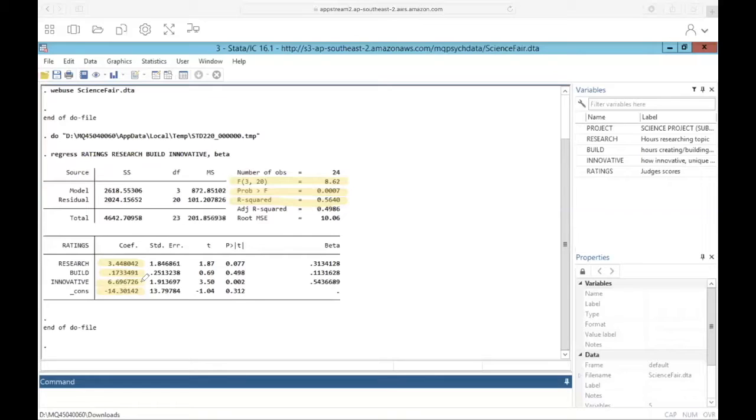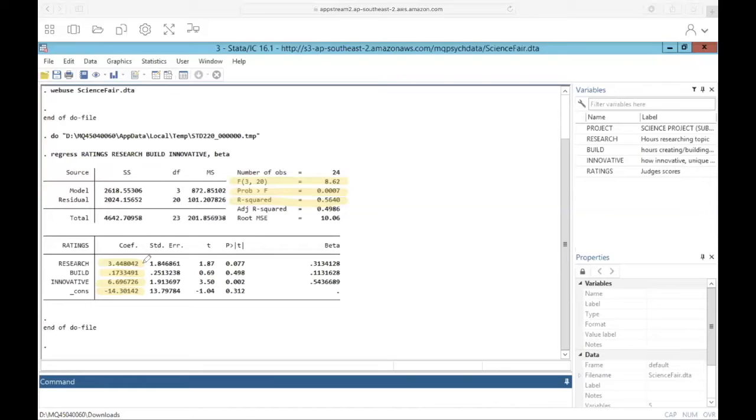So when we look at the beta for research, when we hold both build and innovative constant, or rather when build and innovative are at 0, with a 1 unit increase in hours spent researching, so let's say you go from 2 hours spent researching to 3 hours, we would predict an increase in judge score of 3.45. Okay, and you can interpret the other coefficients just the same.